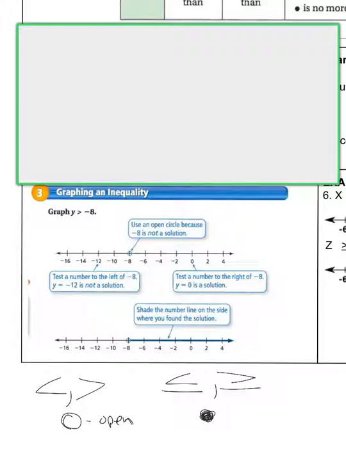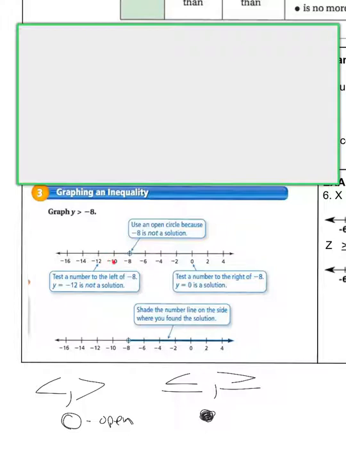So you can see right here, the first thing we do is go to our number. So y is greater than -8. I find -8. I see it's a less than or greater than, which is an open circle. So I put in my open circle. Then I need to figure out which way my arrow goes. It says y is greater than -8. So I look to the left.